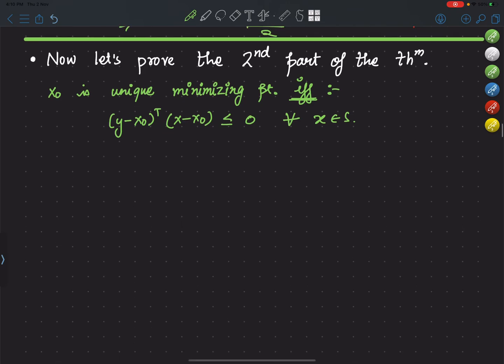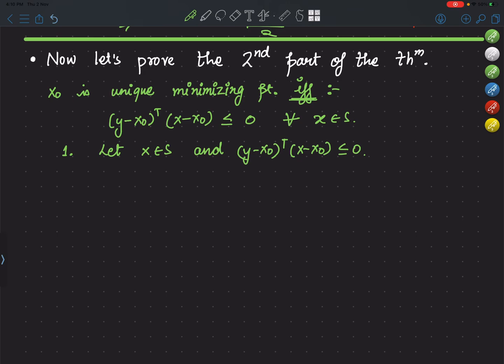Because it's an if and only if condition, it will be done in two parts. First let's assume x belongs to S and (y − x₀)ᵀ(x − x₀) is less than or equal to 0. Let's assume this and try to prove that x₀ is at the minimum distance.